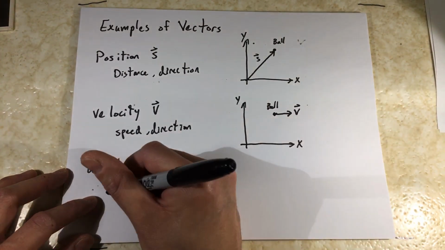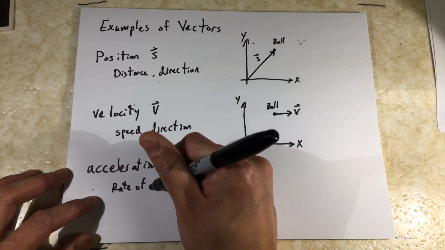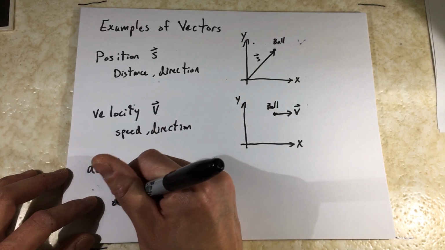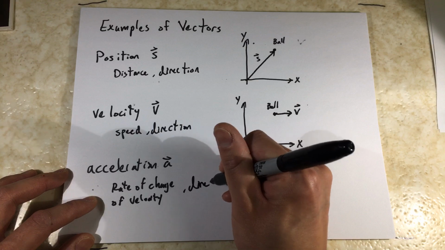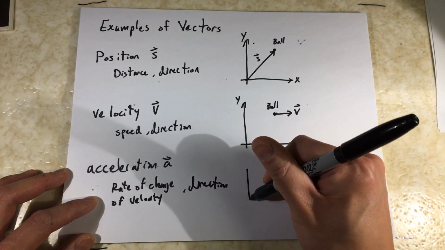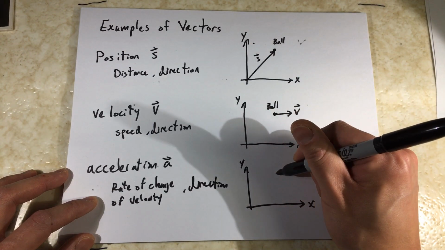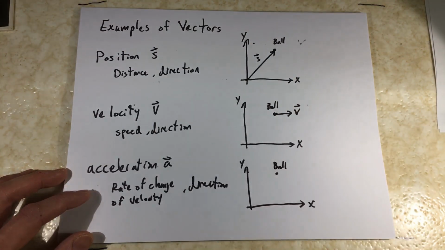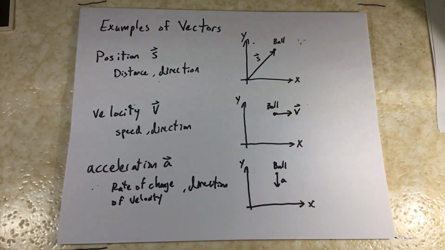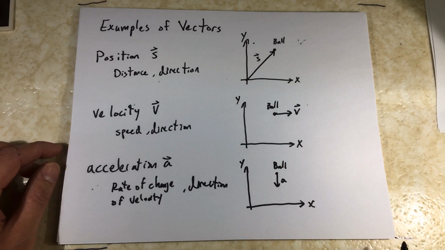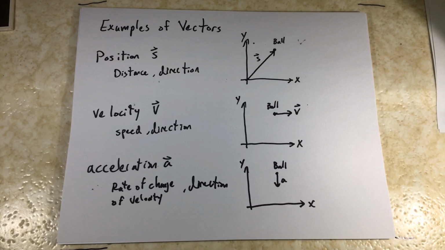And then acceleration: its magnitude is the rate of change of velocity, and it also has direction as well. So again, we have our ball. If this is in the air and there's no air resistance or anything, then it has a downward acceleration due to gravity. All right, so that's an example of 3 vectors that you might see.